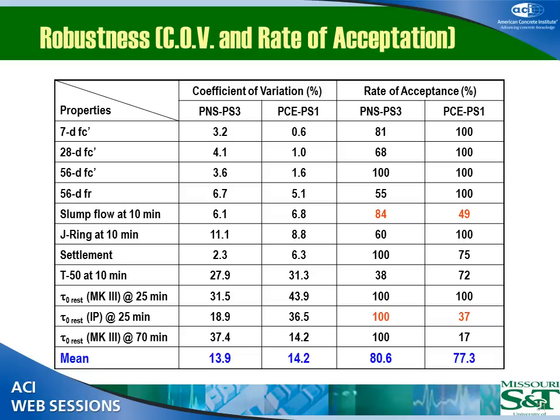And we wanted to compare if the rate of acceptance approach as a methodology would give us the same ranking as the coefficient of variation that we also looked at. If we look at all the different properties, basically both of them, using the coefficient of variation approach to determine robustness or the rate of acceptance, gave us basically the same type of ranking.